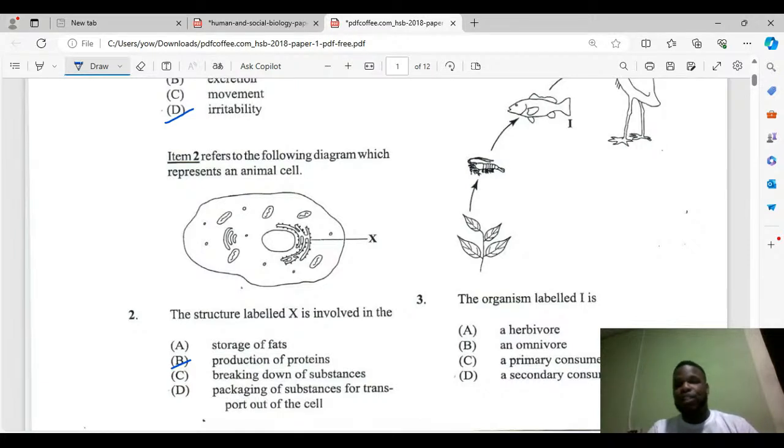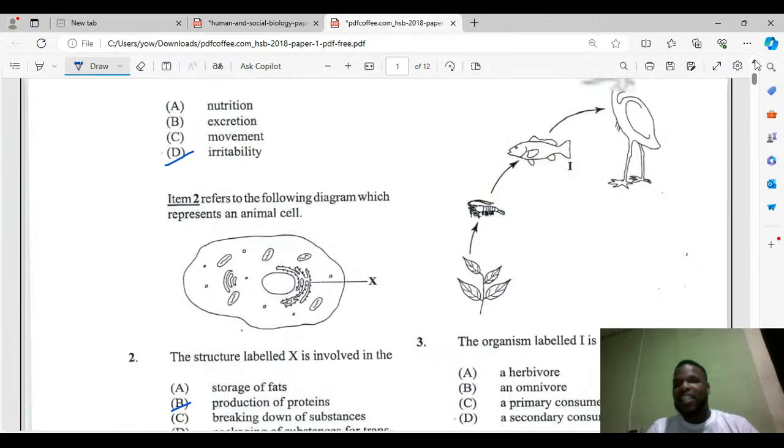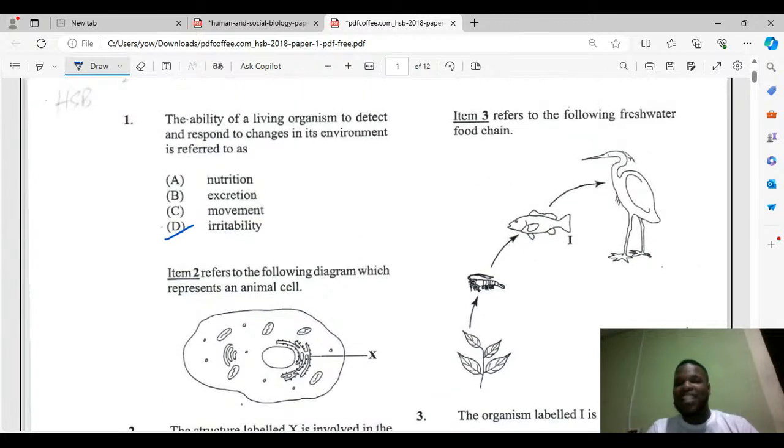I hope this shows you that you're not looking at swatting, you're looking at understanding, because the same concept came back from 2011, and this is 2018, I think. The same question comes back in a different way. They just draw a different food chain and ask the same question.